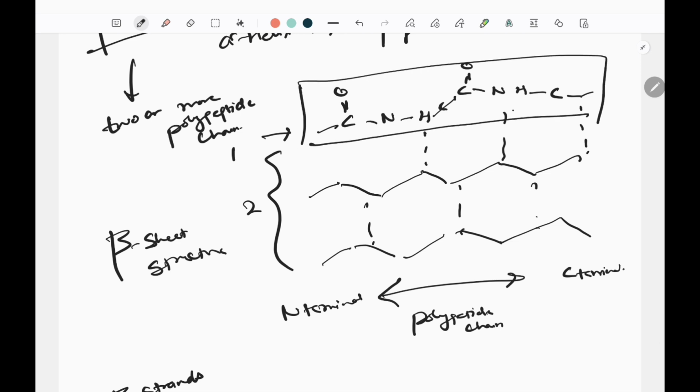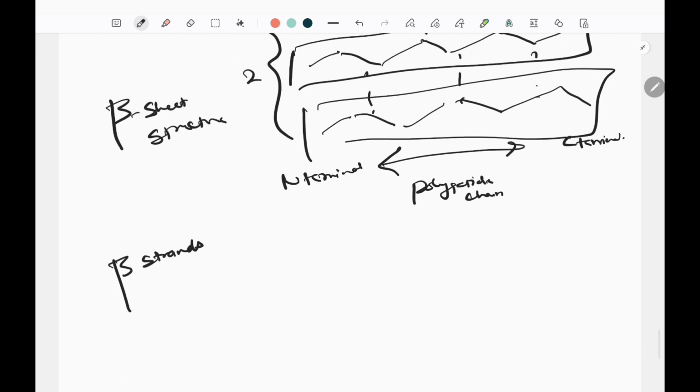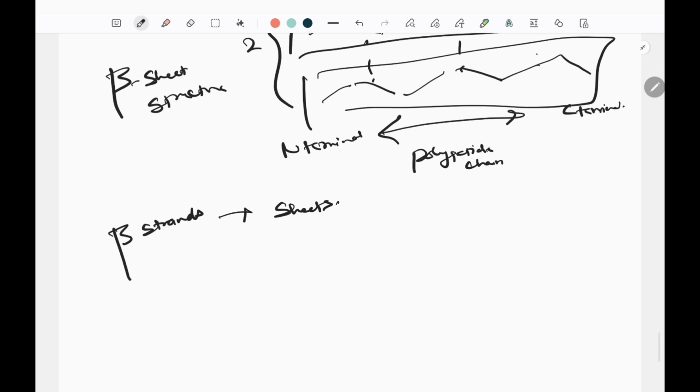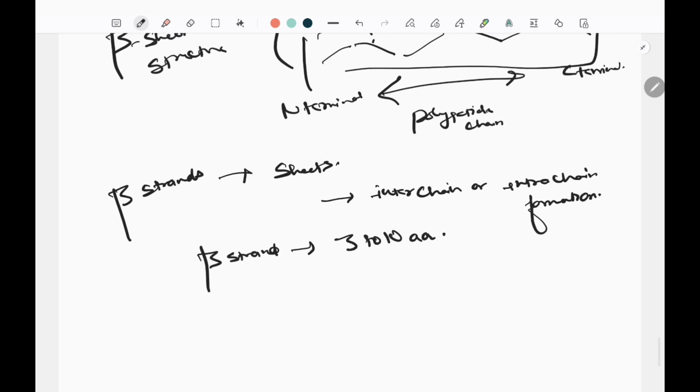When multiple of these beta strands attach, it forms beta sheets. Again, there is either interchain or intrachain formation that occurs, and a beta strand is a stretch of 3 to 10 amino acids. Okay, and it is completely extended.